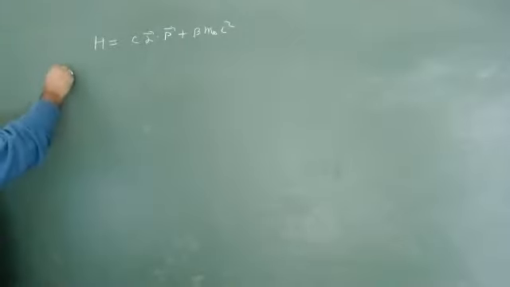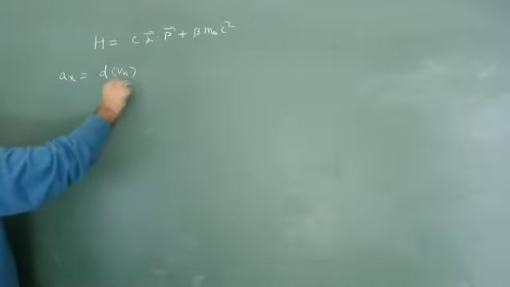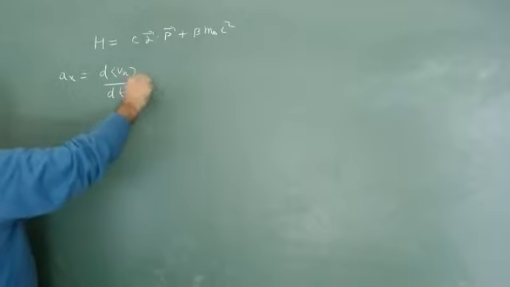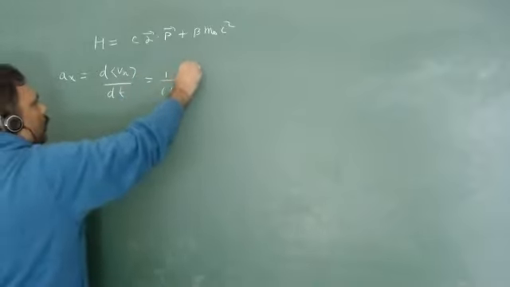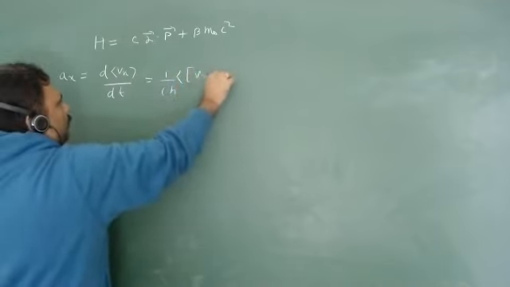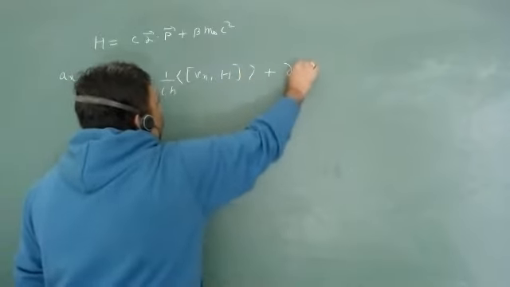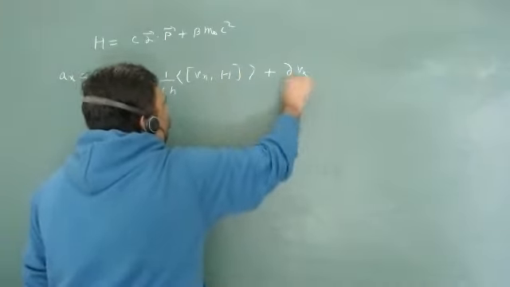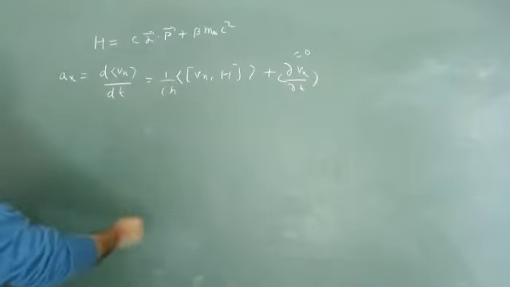So if I want to calculate ax, then we have to go for dVx upon dt, and this will be 1 upon iħ, we can go for [Vx, H] plus del Vx upon del t. Obviously, this part is 0. And what is my Vx?